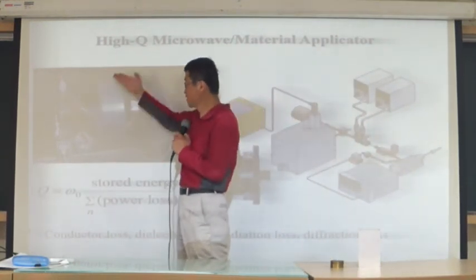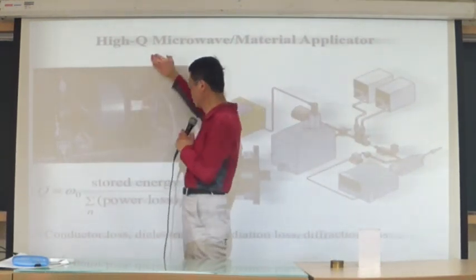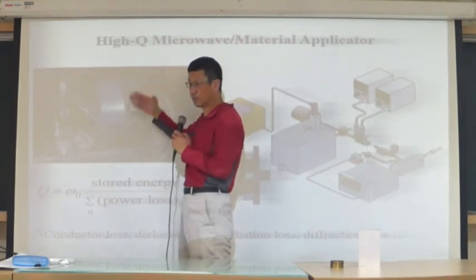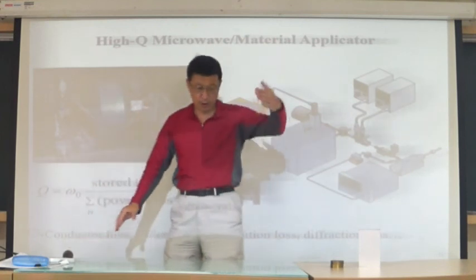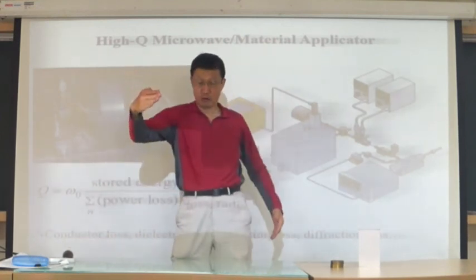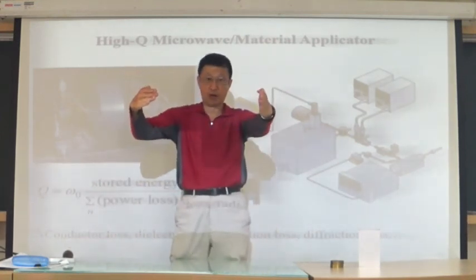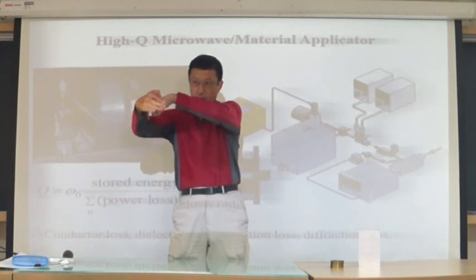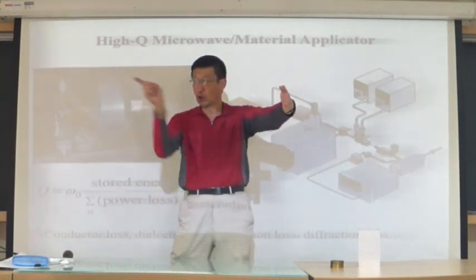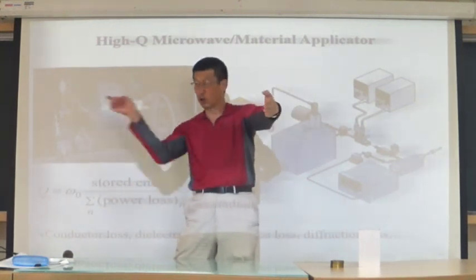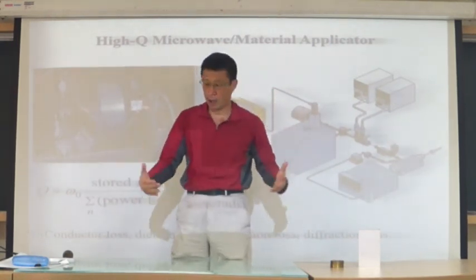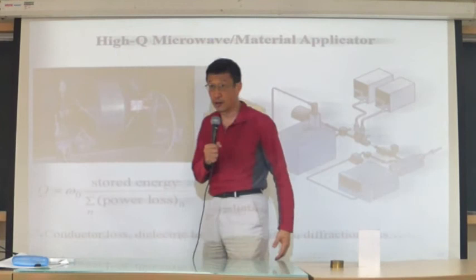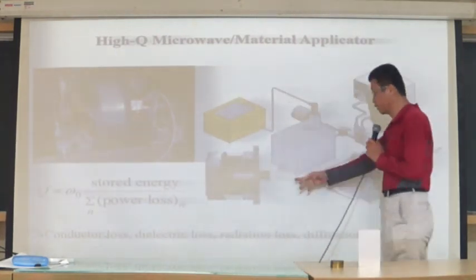This is a spherical mirror, and this is a plane mirror. So we inject a signal here. Eventually, the signal will form a resonance pattern. The resonance pattern looks like this.